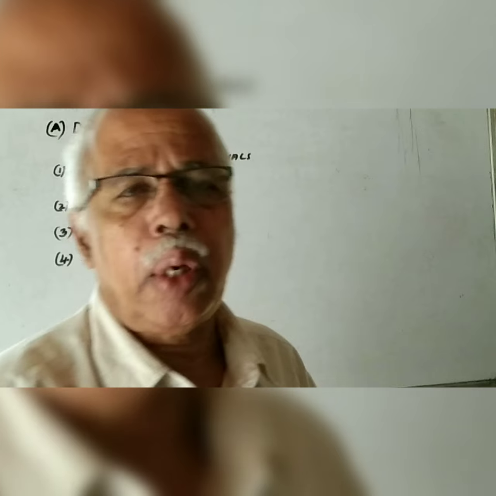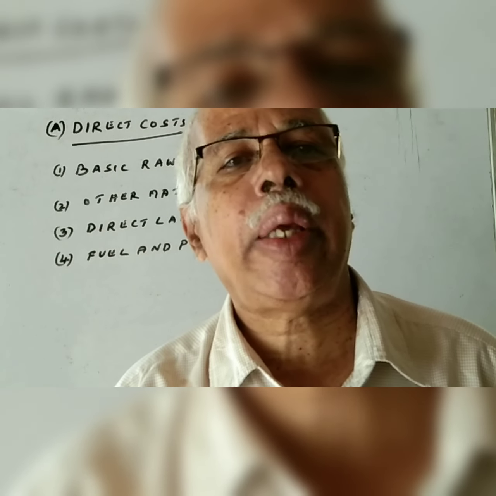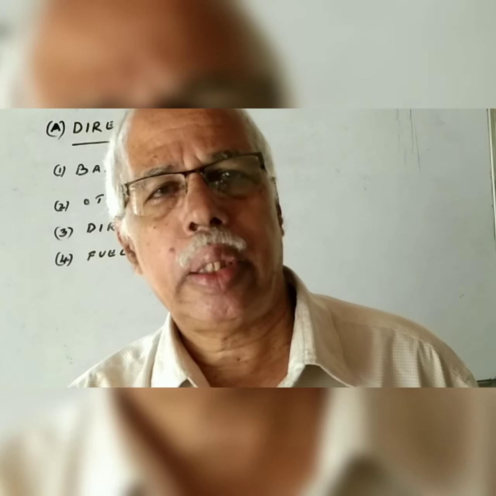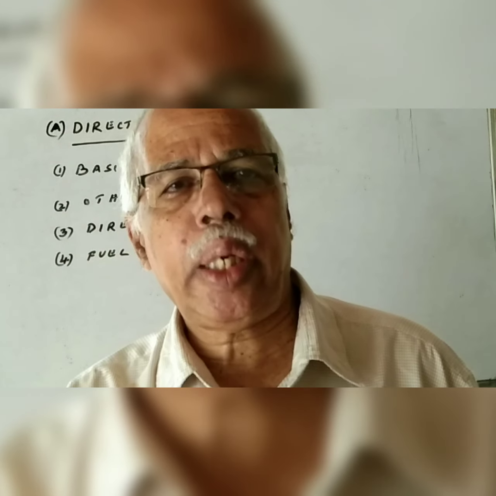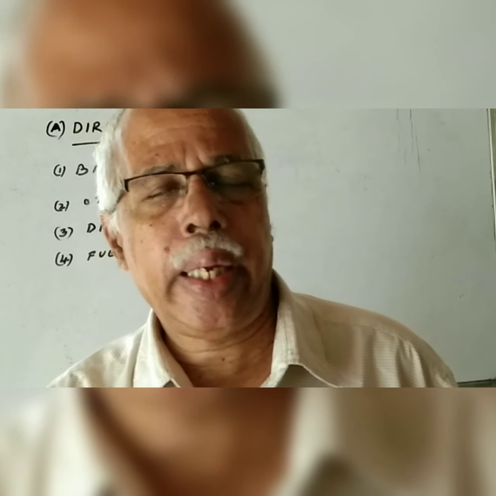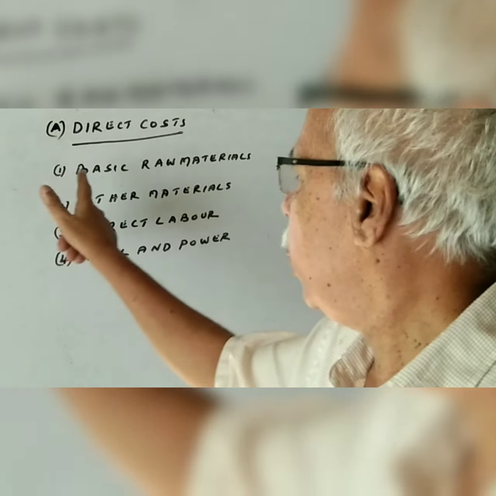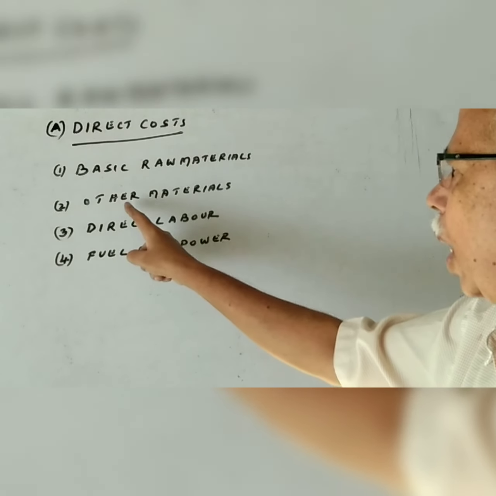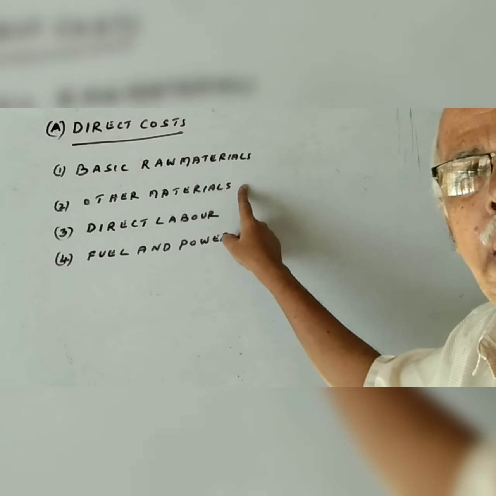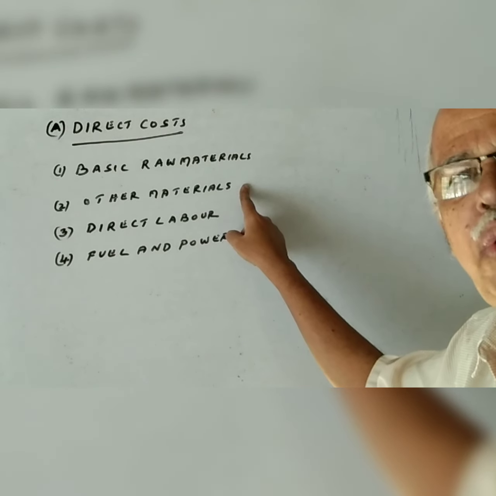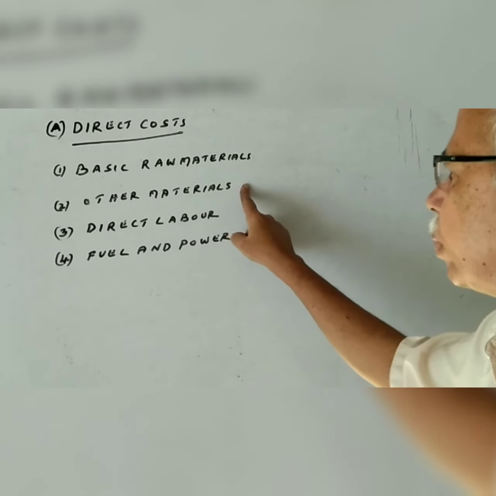Let us take the example of an airplane manufacturer. Aluminium will be the predominant material used in the production of an aeroplane. So that will be the basic materials. Then other materials. This will include the tires, engine for the plane, etc.